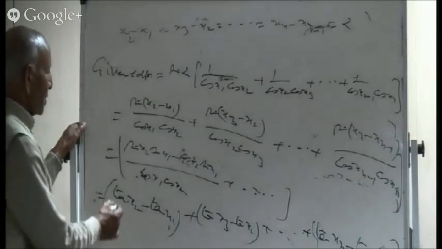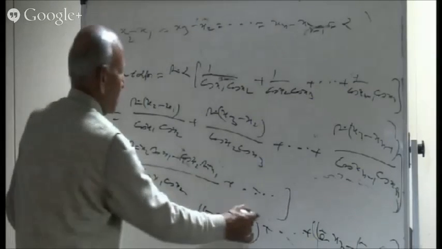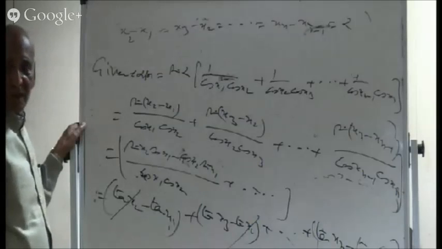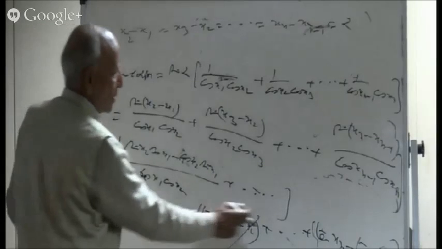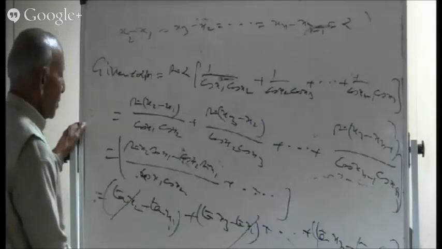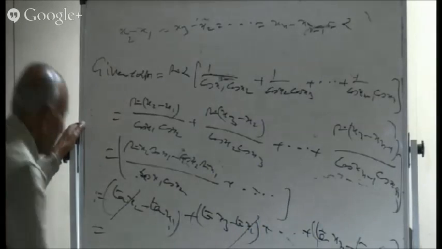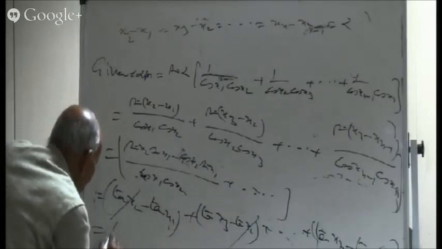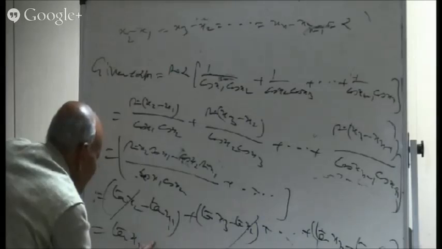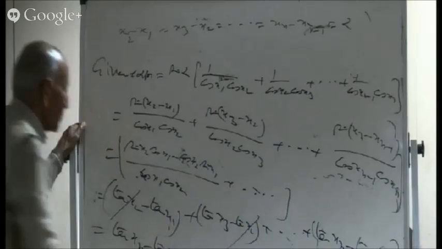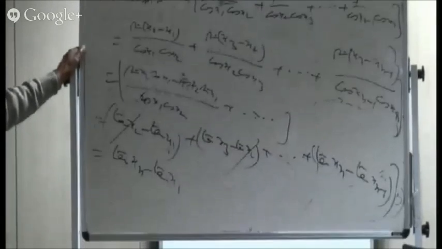What terms will cancel out? These terms will cancel out. The tangent of x3 will cancel out, and so on. So finally we'll be left with only tangent of xn minus tangent of x1.